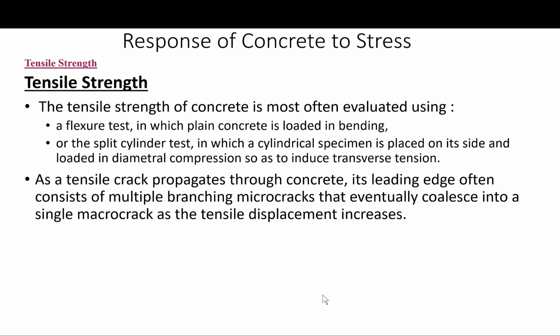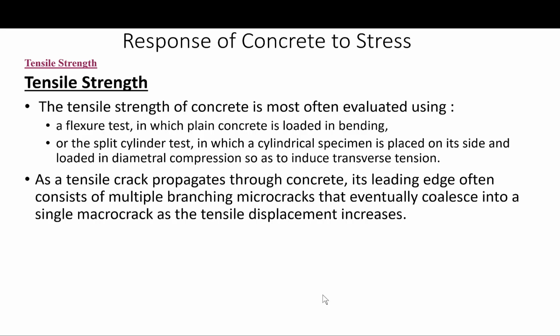In North America, there is no standard test procedure to measure the direct tensile strength of the concrete. A number of specimens are available to measure the fracture properties of the concrete under tension, but none of them is yet a standard.